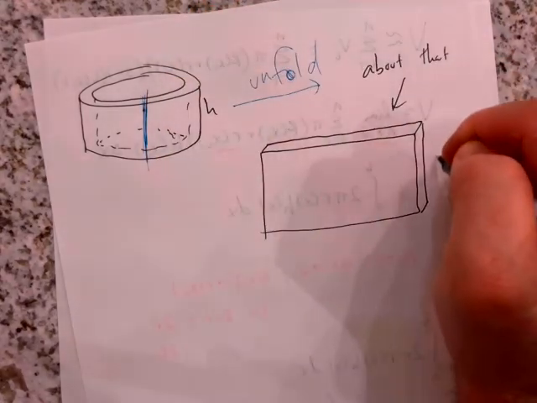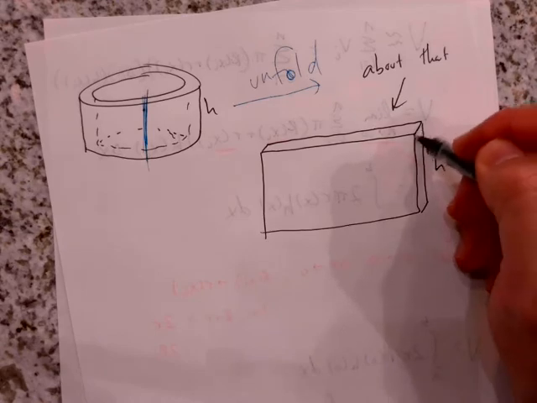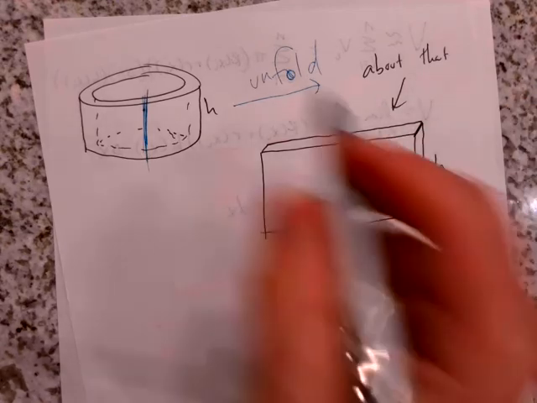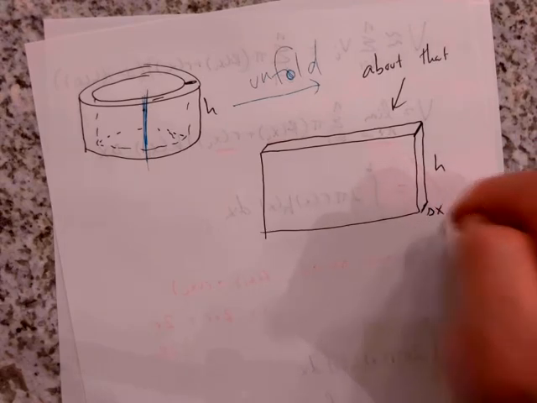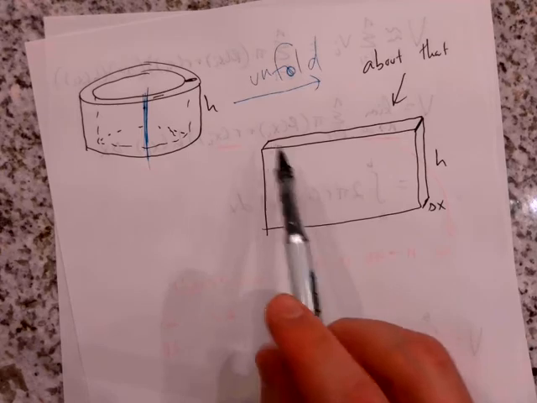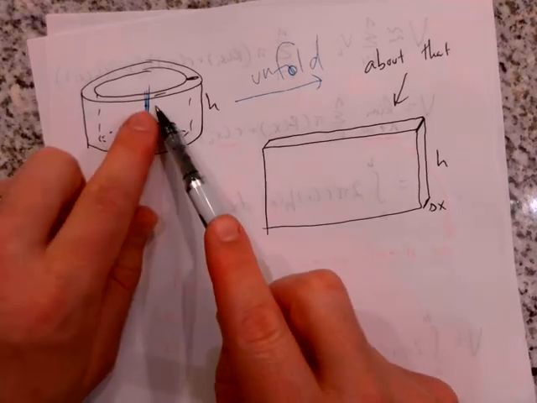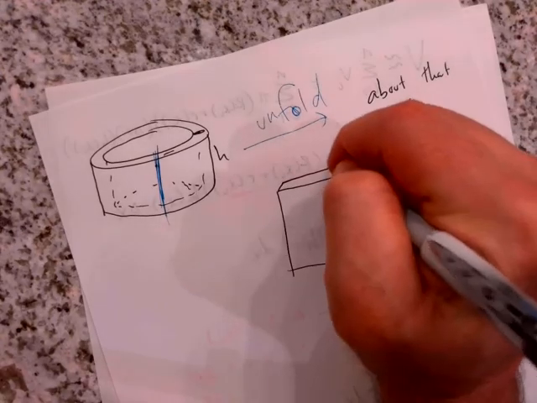Now the height there is the height here. So that's h, so that's h. This right there is the thickness. That is the thickness of our rectangle, so that's still delta x. This is the result of unfolding that circle. So that is the circumference of the circle. So that's 2 pi r.